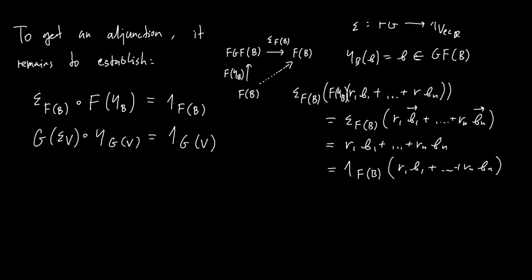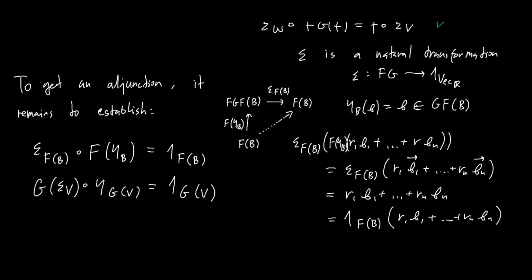Now, what about the other one? What about this identity? But before we go on with this identity, was this computation understandable?